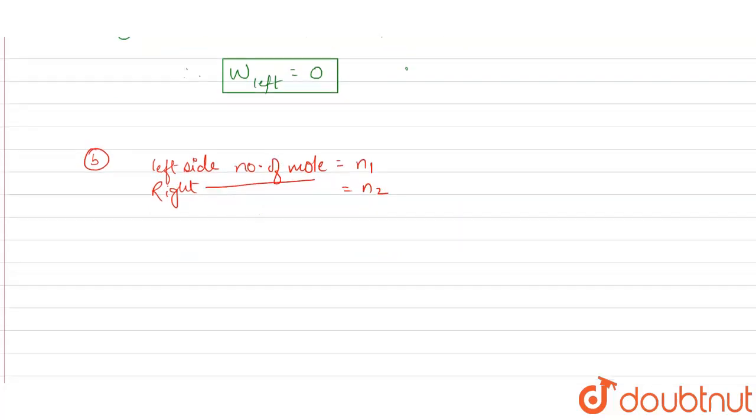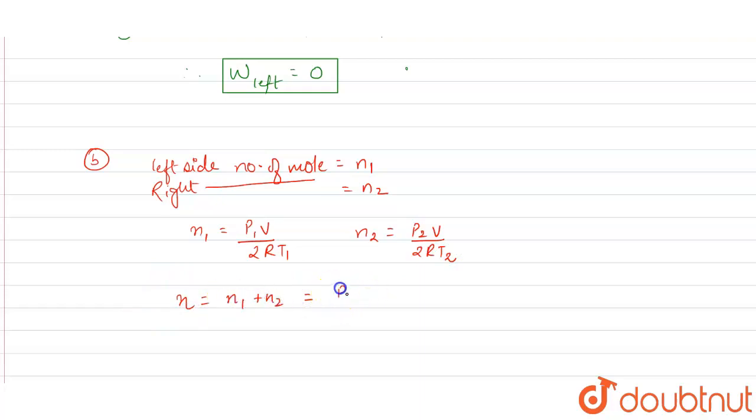Since our gas is an ideal gas, applying the ideal gas equation we can easily find the total number of moles. On the left side it would come P1V by 2RT1, and on the right side it will come P2V by 2RT2, correct? So total number of moles given by N will be N1 plus N2, correct?